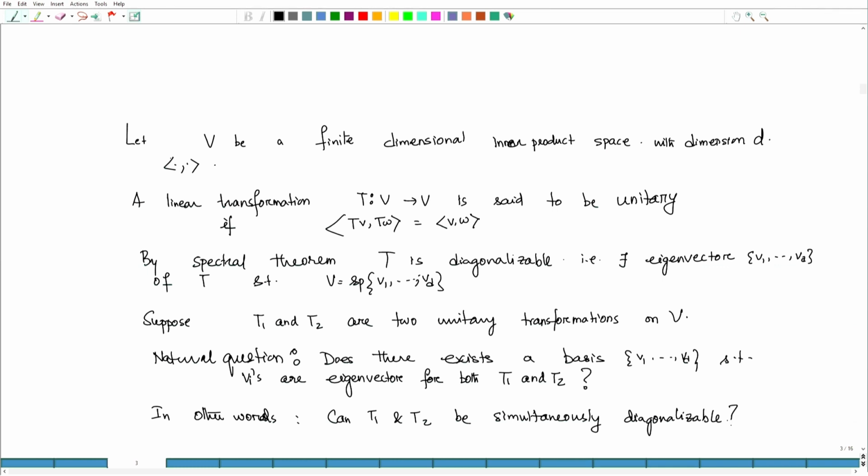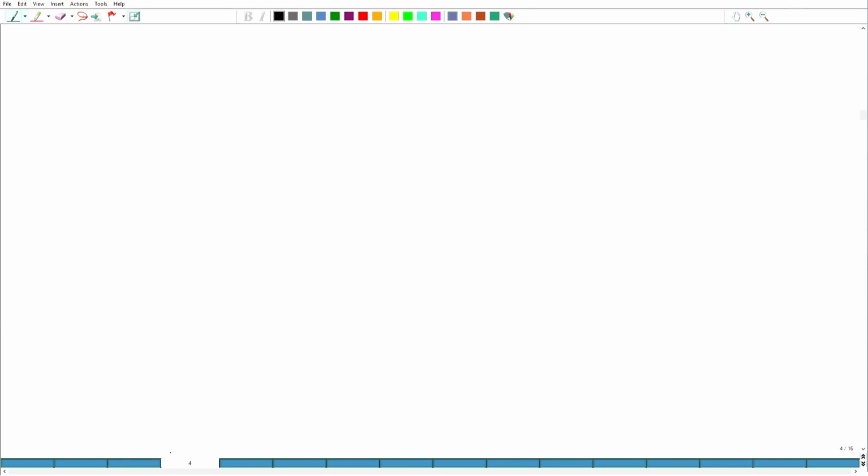So, that is what one needs to check. This is a natural question. Now let us see what conditions we would like to impose such that we can get the simultaneous diagonalizability of T1 and T2.